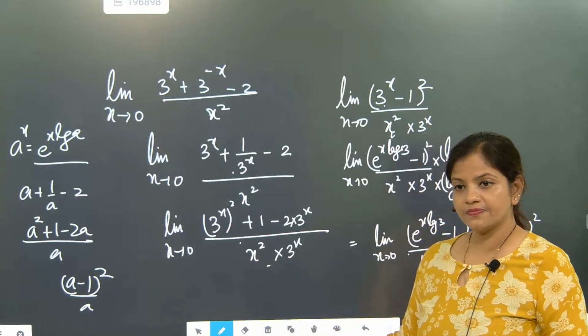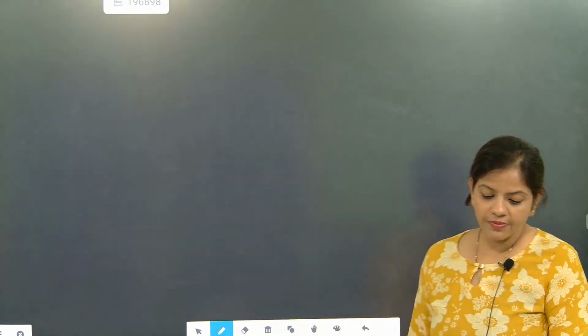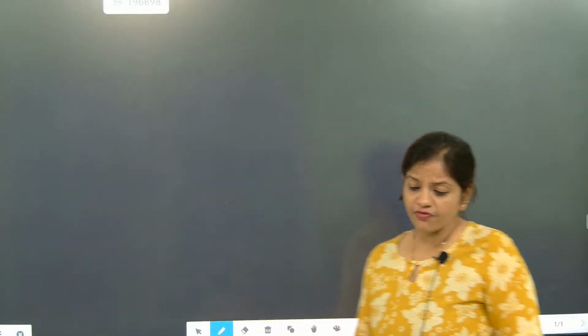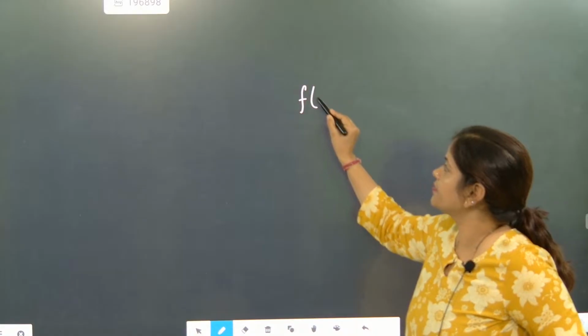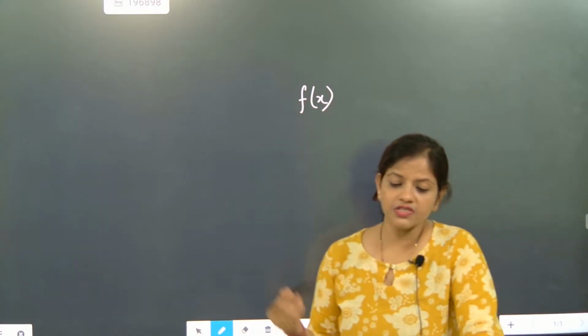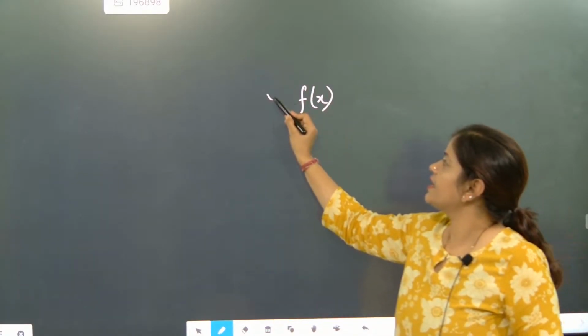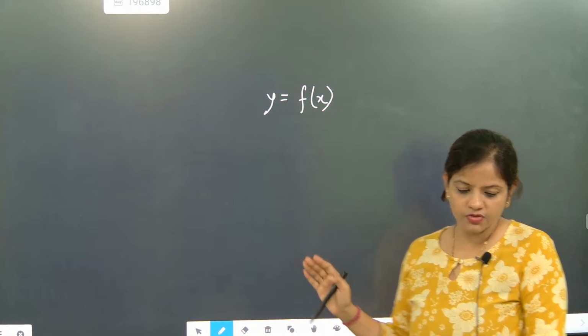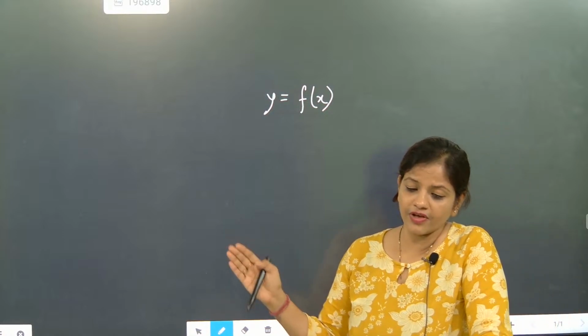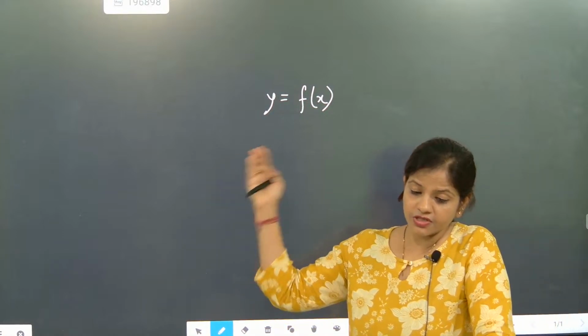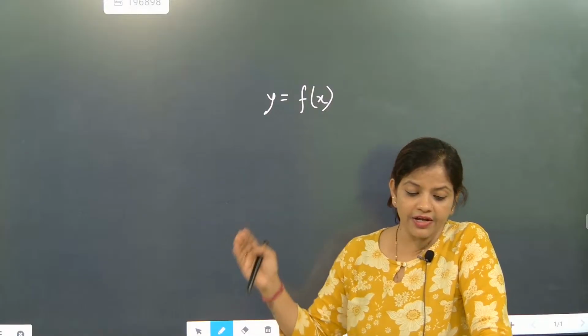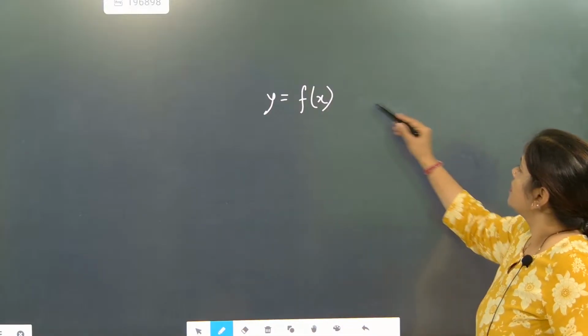Now here, beta, whenever we take f of x as a real valued function, always remember, in a function we write y is equal to f of x. This real valued function f of x will be defined in an open interval.